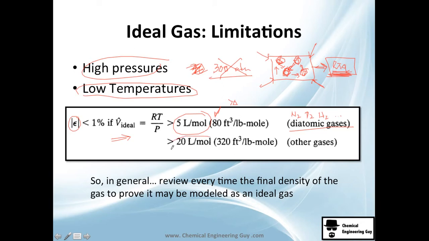And for the other side, with all the other gases, which will be probably a lot, you need to have at least 20 liters per mole, which is not that crazy, but I think you always need to check just in case. And as you can see, density is related with pressure and temperature. If you increase pressure, molar volume drops.